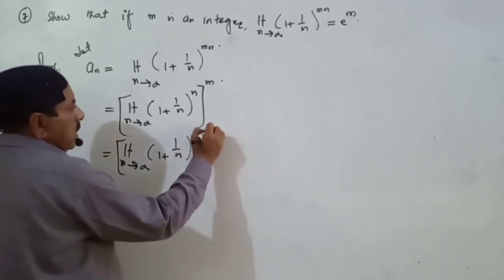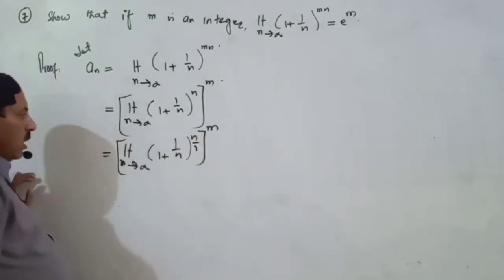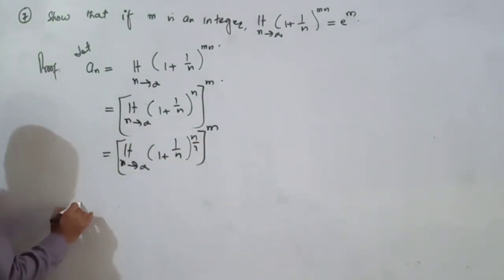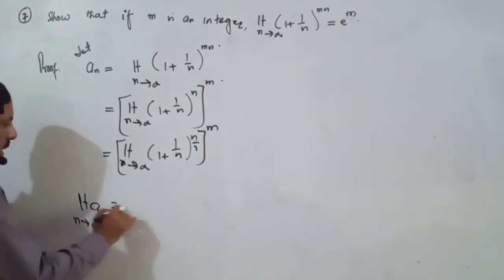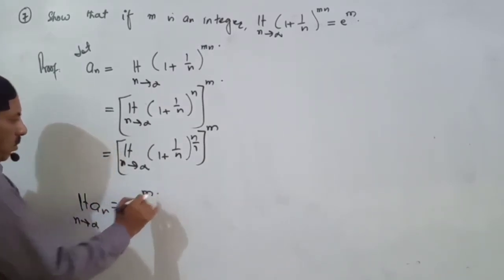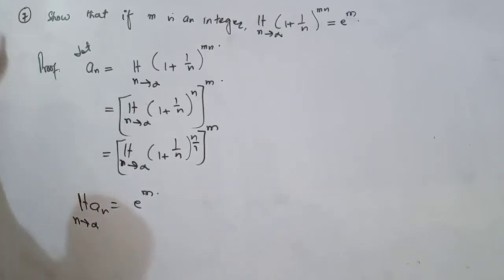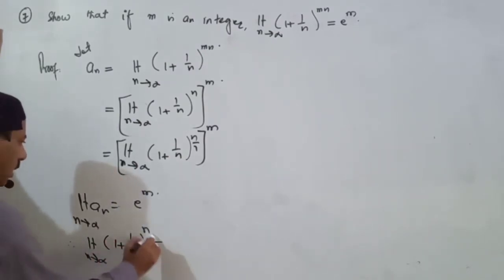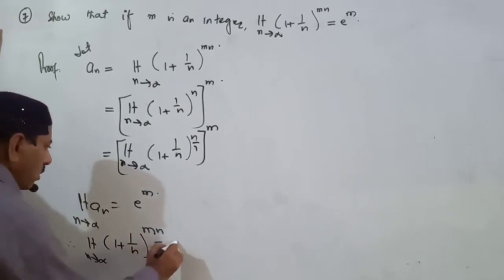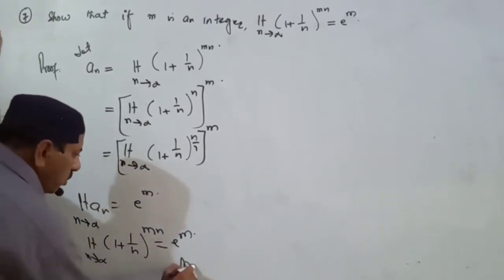So here base and power are reciprocal to each other. So now the limit n tends to infinity is equal to e power m. Therefore, limit n tends to infinity (1 plus 1 upon n) power mn is equal to e power m. Proved.